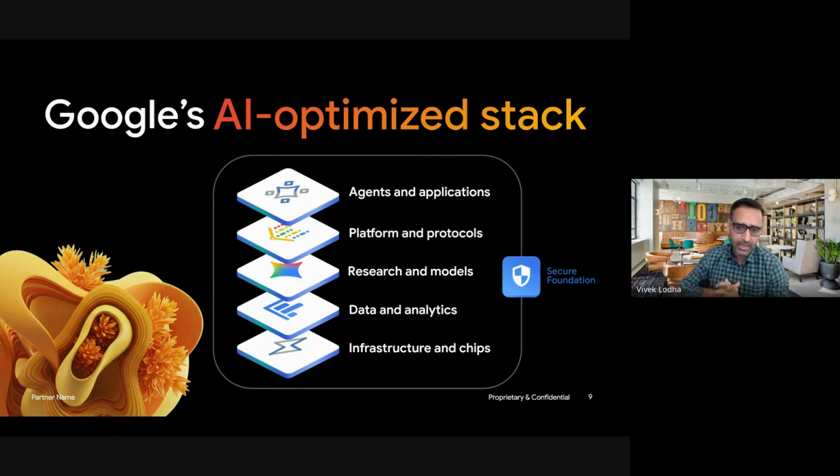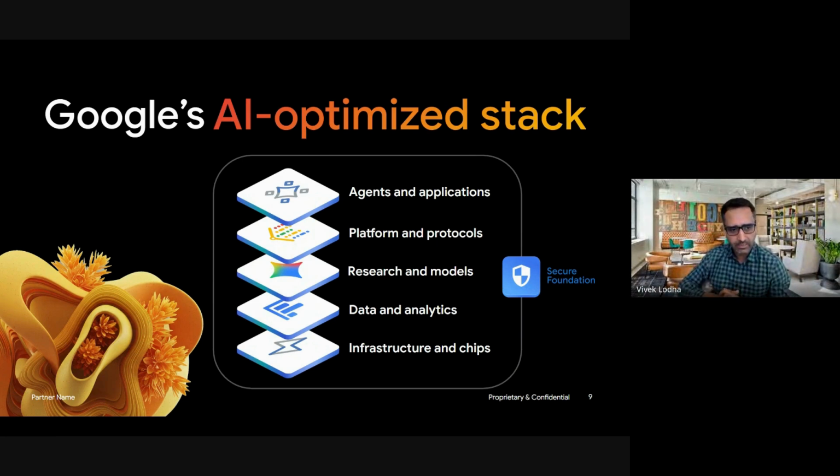But before we do that, I always like to start with this slide, which highlights Google's strength in the industry. Partnering with Google Cloud provides a unique advantage through a vertically integrated, AI-optimized stack, right from agents to the specific chips, TPUs, which Google has.